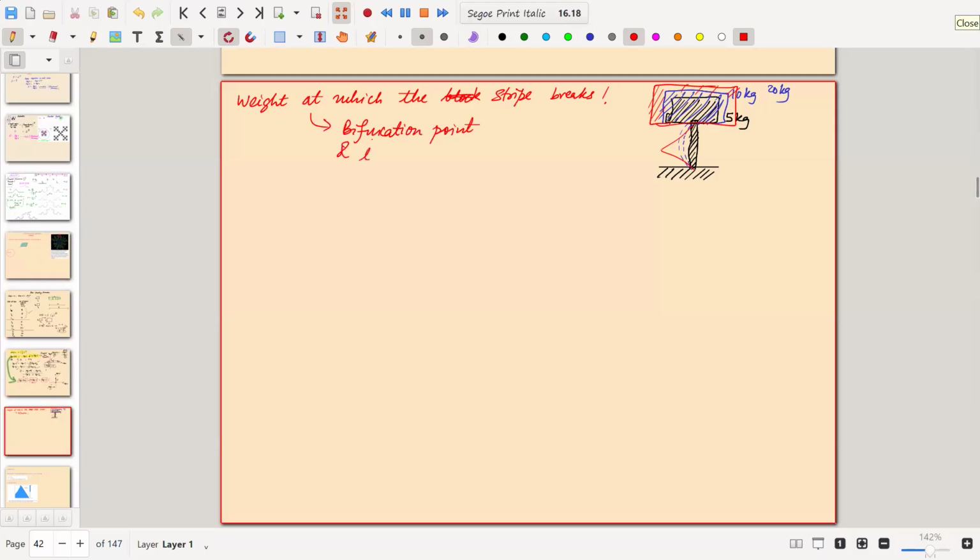And the special weight at which it broke is referred to as the bifurcation parameter. I mean, at that parameter, the bifurcation happened.